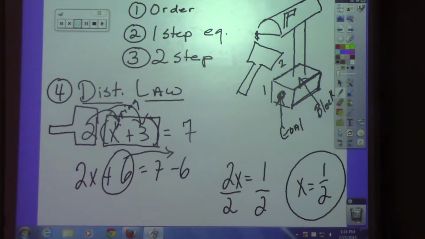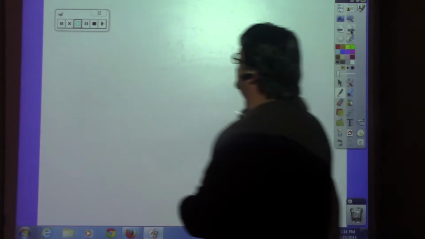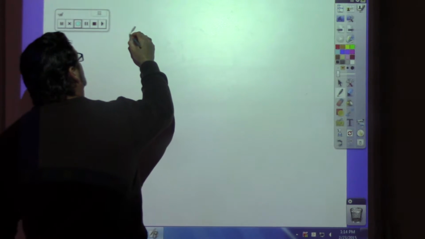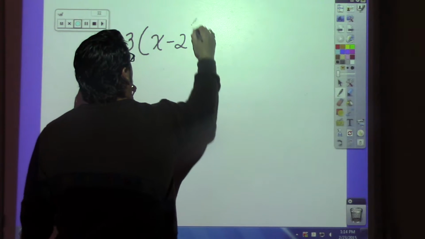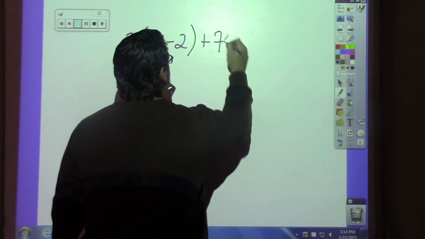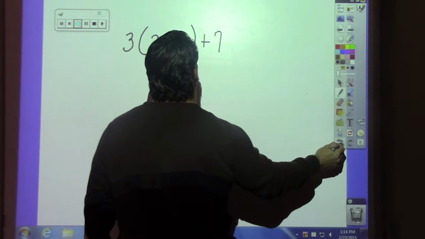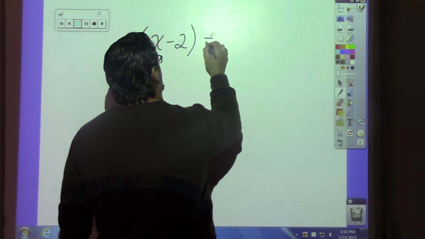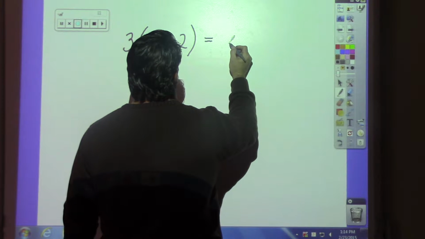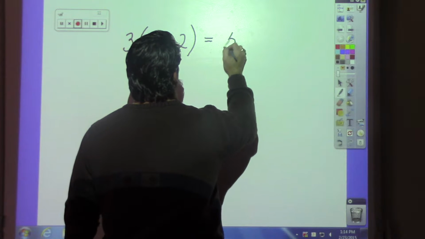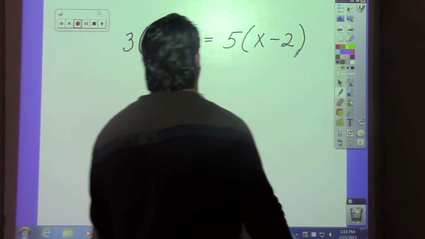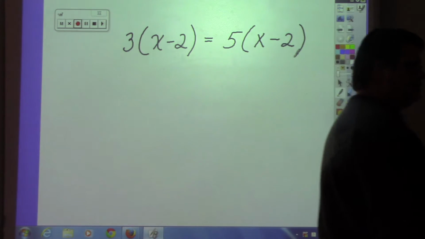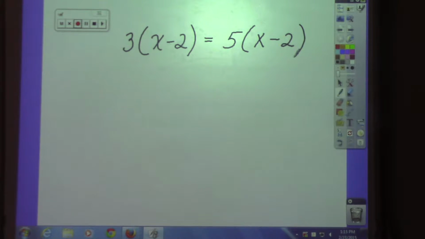All right, let's do a nerd. 3 times x minus 2 plus 7 is equal to 5 times x minus 2. All right, work with that one. You got 2 cement blocks or concrete blocks up there.